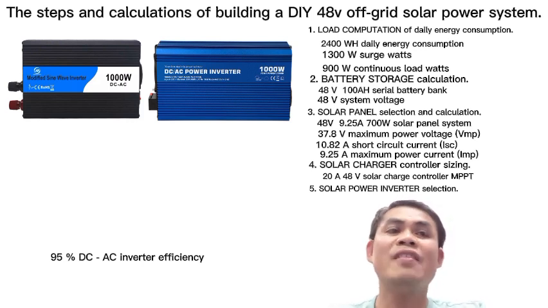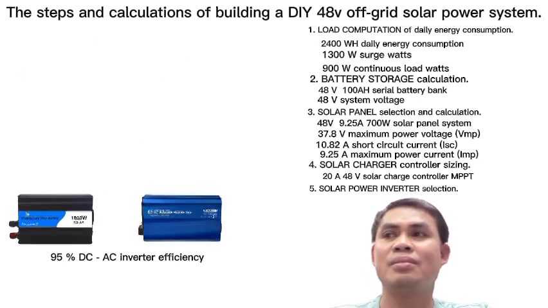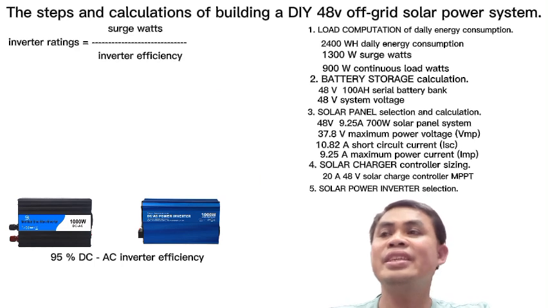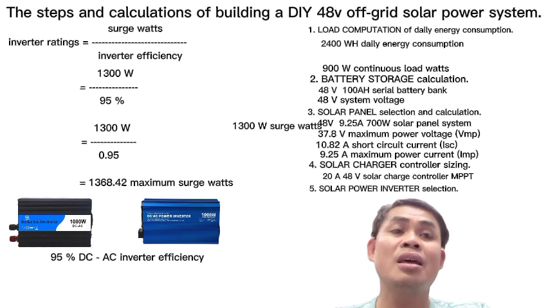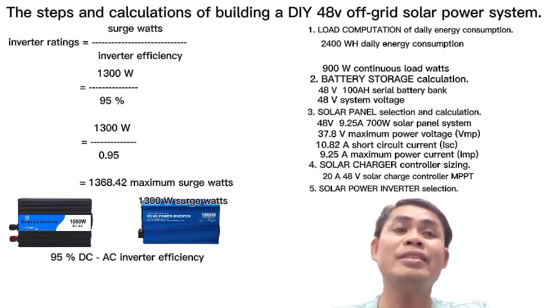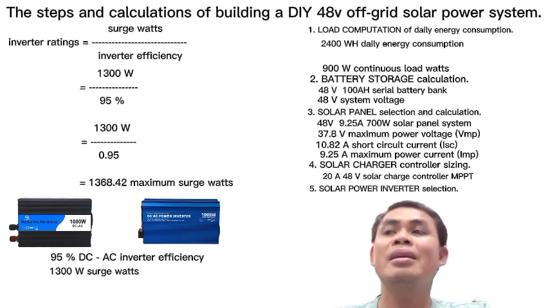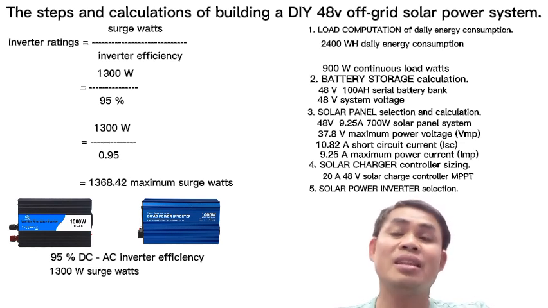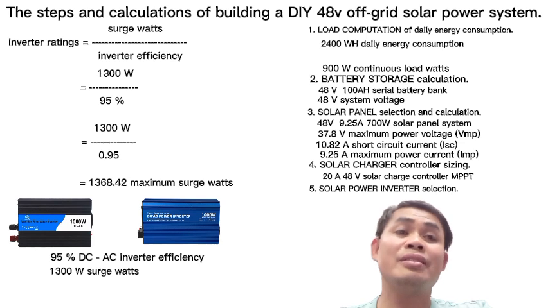So we have now the formula of inverter selection. Inverter rating is equal to surge watts divided by inverter efficiency. If we remember, we have a total surge watts of 1,300 watts, divided by the inverter efficiency of 95%. Converting 95% into decimal becomes 0.95.